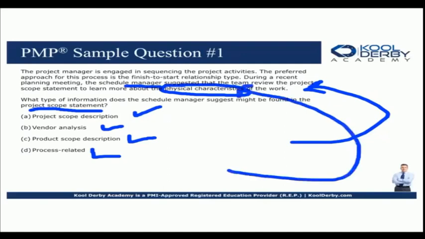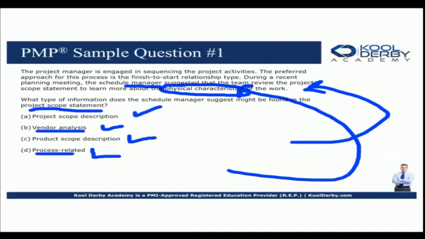Physical. So what's obviously not the answer? What do you think is not the answer? All right. I know you're thinking about it. Well, I don't think it's vendor analysis because I think that's a distractor. Process related is a distractor.